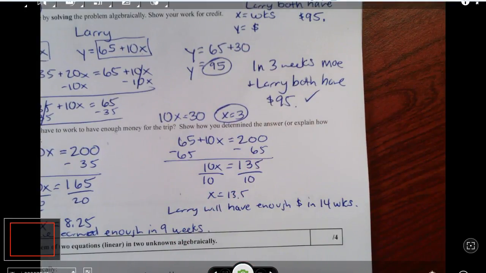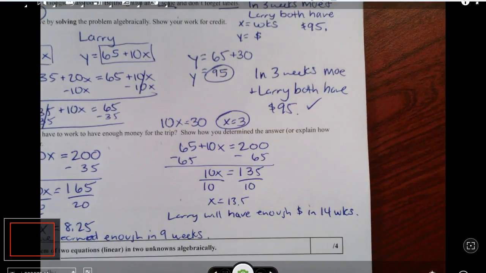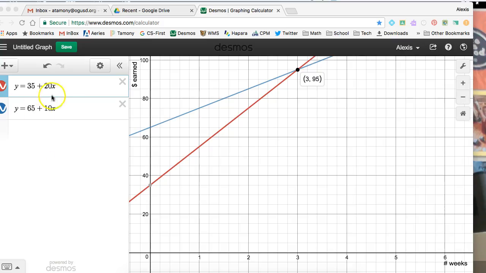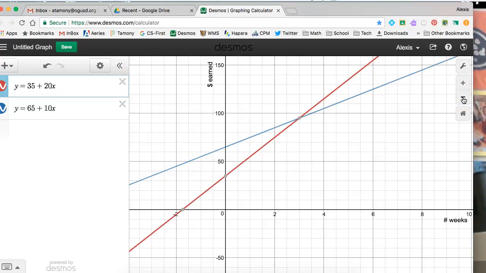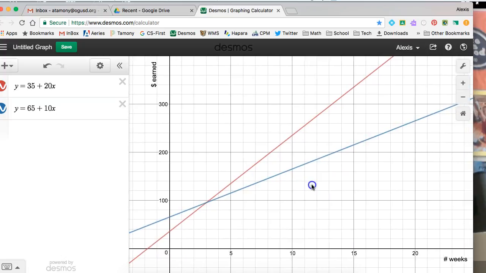I'll show you the other way by looking at Desmos. The first equation is Mo, and we have Larry, and we want to know when they each have $200 earned. So not weeks, we want to figure out what that x is when the earnings are $200. I'm going to zoom out because I can't even see 200. Oh, there's 200.